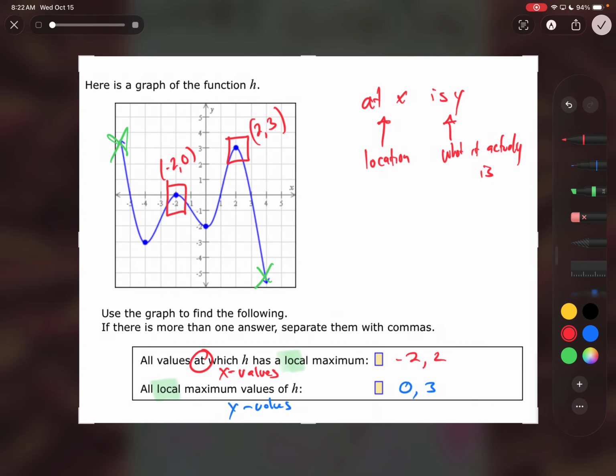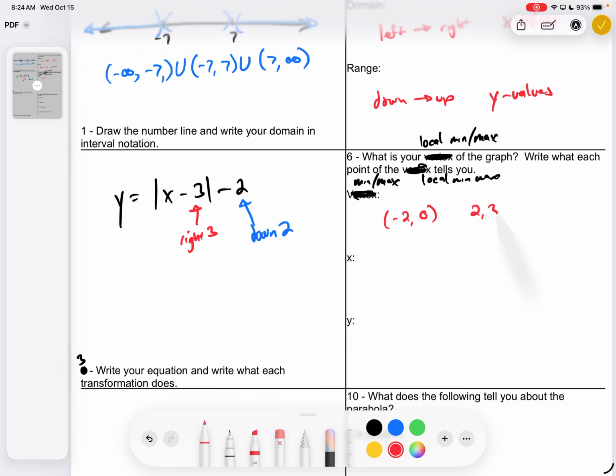I think what I want here is what I wrote right there. -2, 0, and 2, 3 were my points, right? So the max is at -2 and 2. Maximum is 0 and 3. I think that's what I was wanting. This tells you where it is.